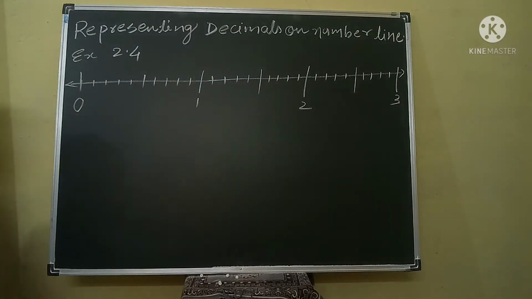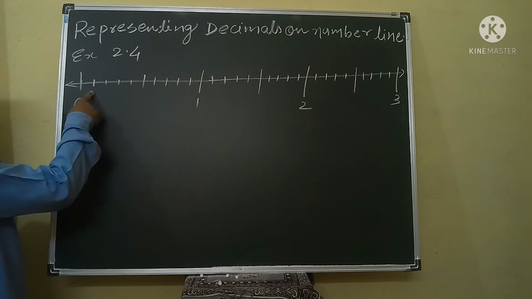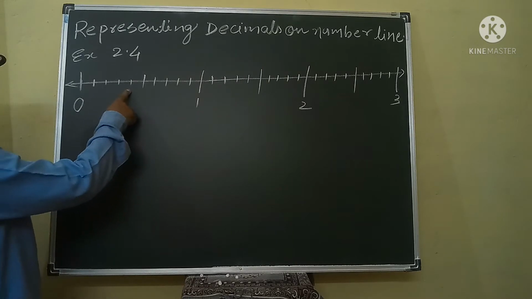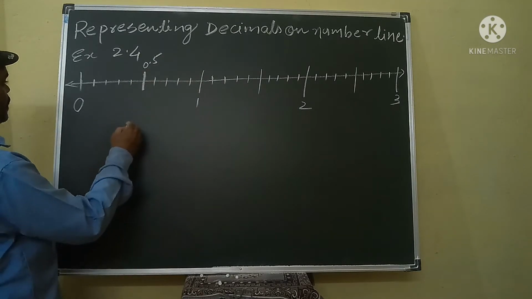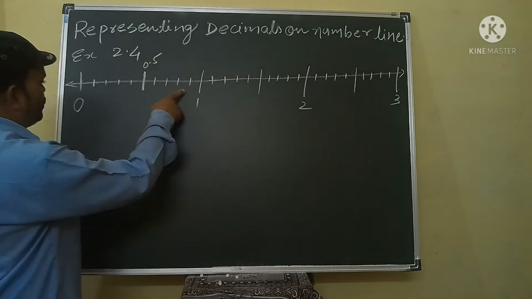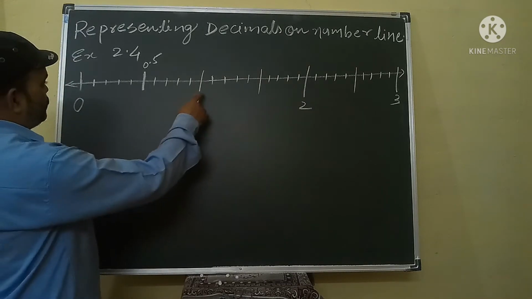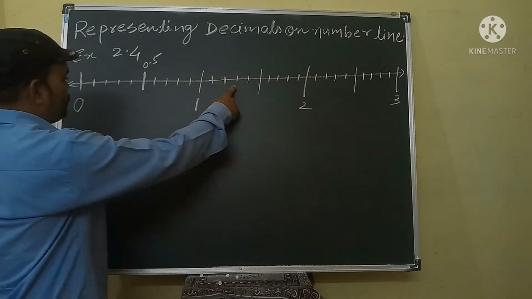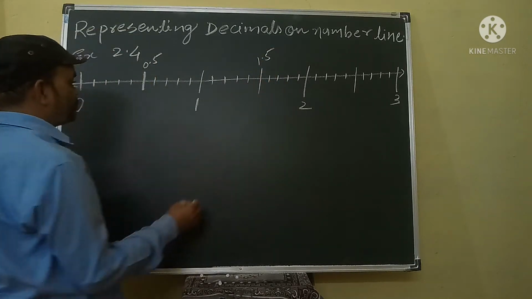Okay. Then after we look here, this is 0. What is the value of this point? This is 0.1, 0.2, 0.3, 0.4, and this is 0.5. Then after 0.6, 0.7, 0.8, 0.9, and this is 1. Then after this is 1.1, 1.2, 1.3, 1.4, and this is 1.5.